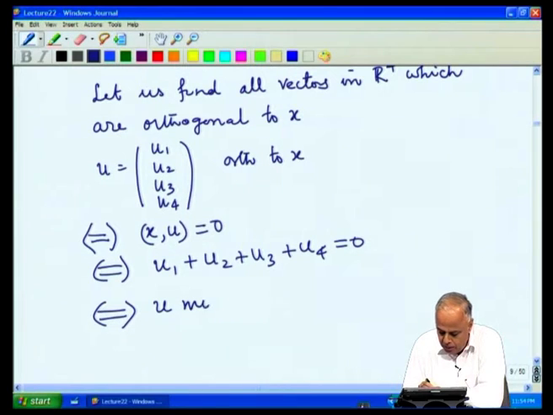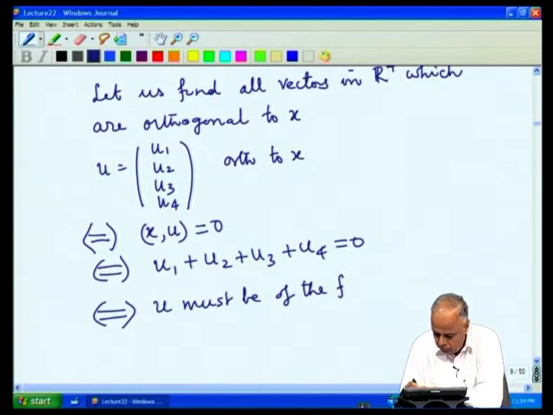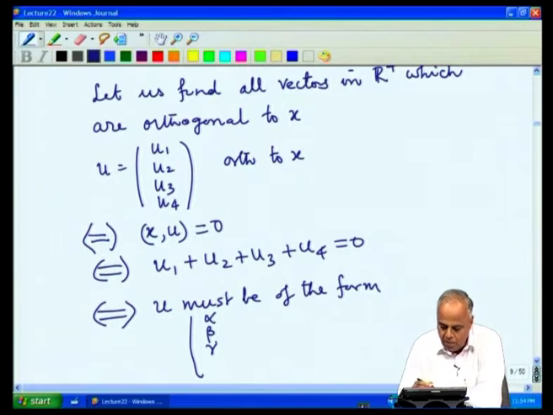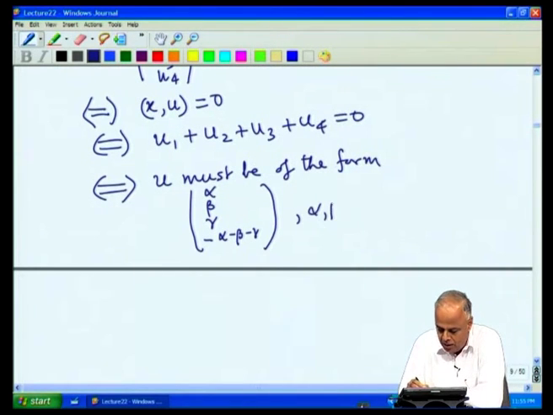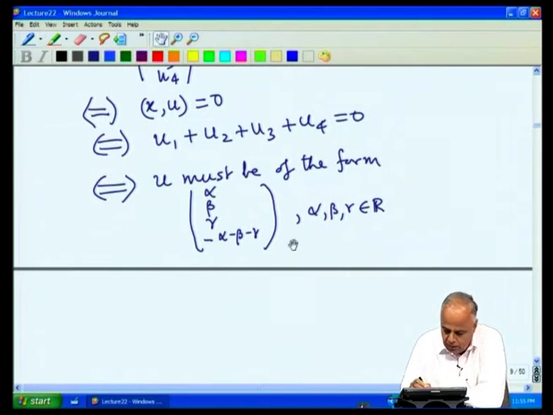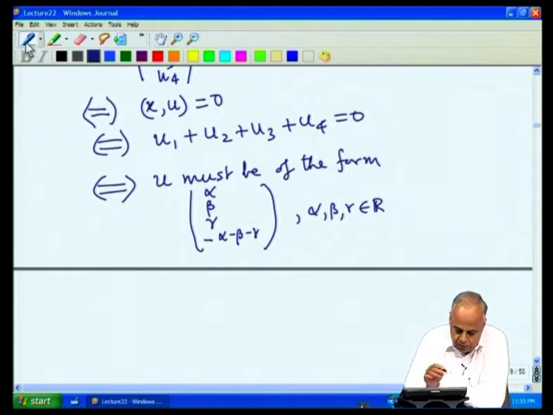That means u must be of the form (alpha, beta, gamma, ...). Since the sum of the 4 components must be 0, the fourth component must be -alpha - beta - gamma, where alpha, beta, gamma are real numbers. So, this is the set of all vectors which are orthogonal to x.